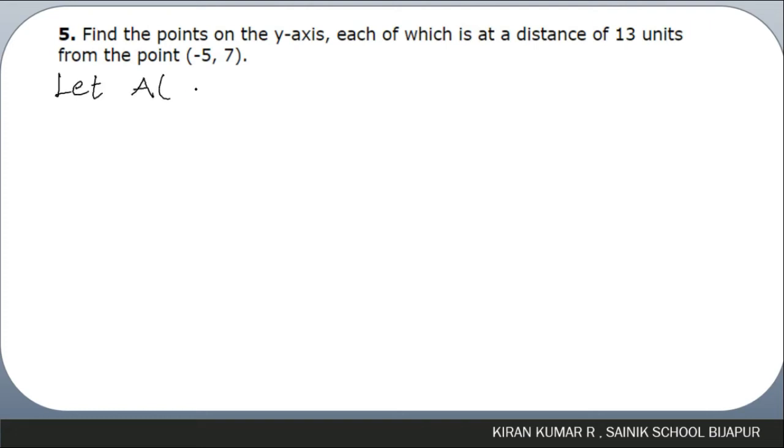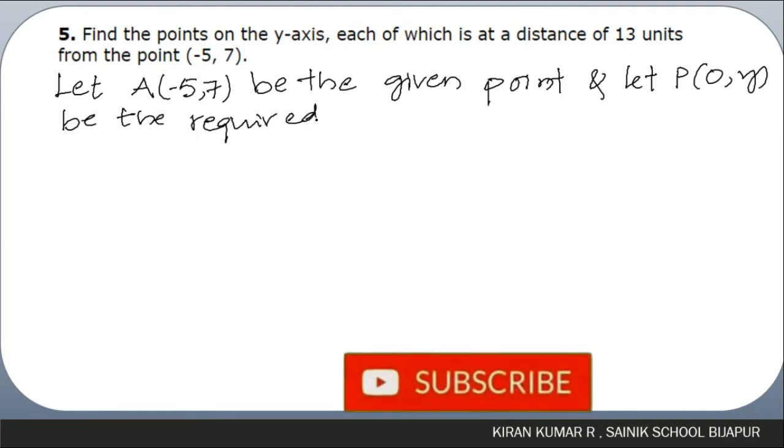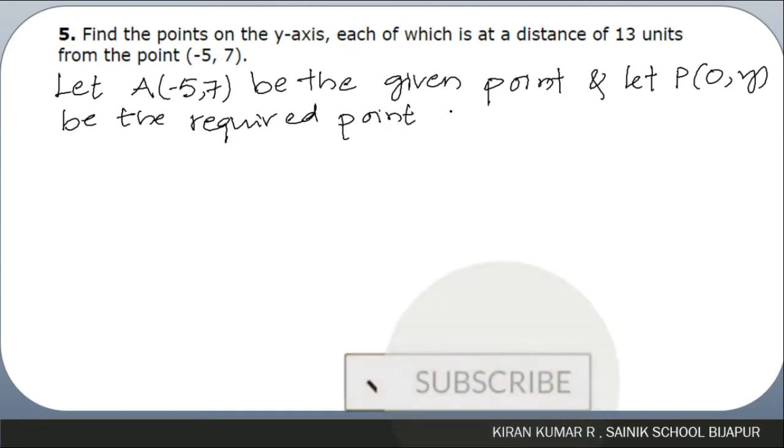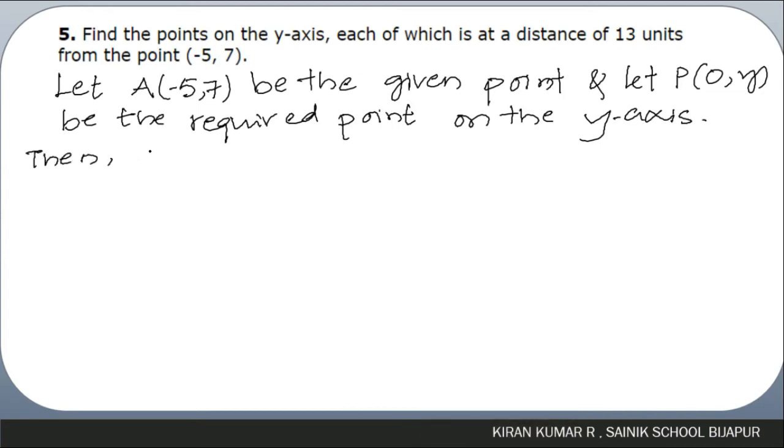I'll denote it by a letter A. Minus 5, 7 be the given point and let P(0, y) be the required point on the y-axis. Then according to the question, the length PA becomes equal to 13 units.